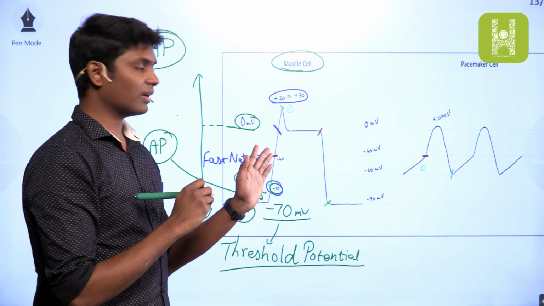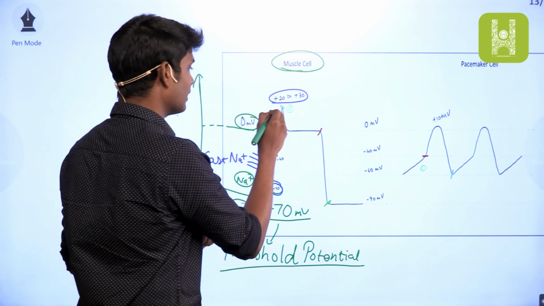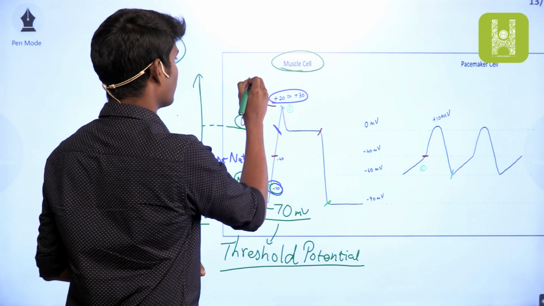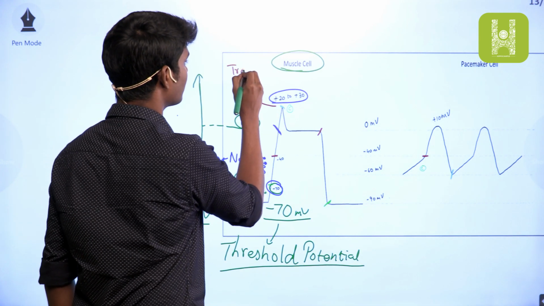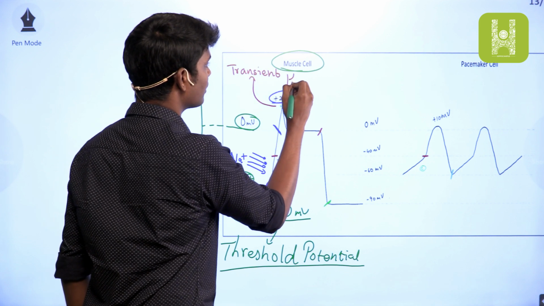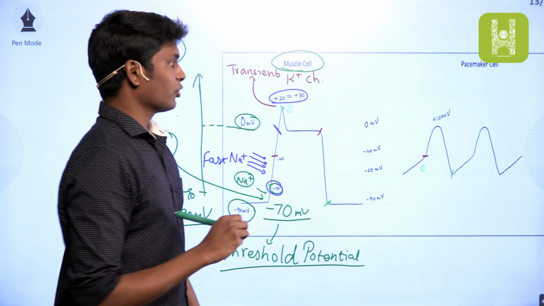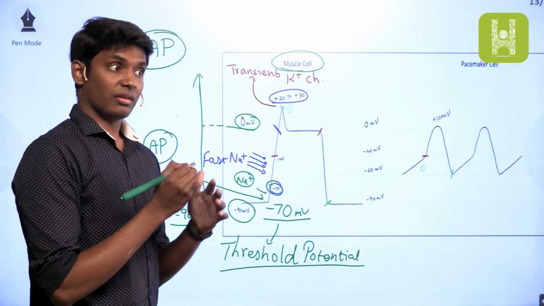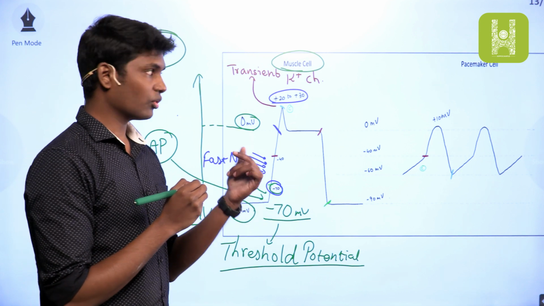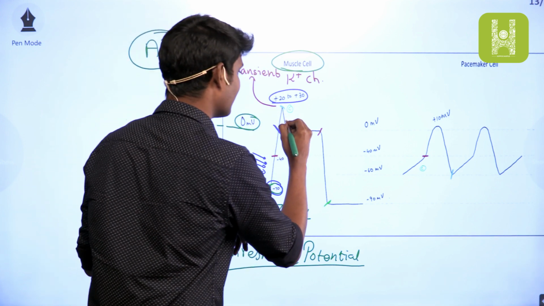Once the potential reaches plus 20 to plus 30 millivolts, there will be opening of the second channel, which is the transient K+, the transient potassium channel. When the transient potassium channel opens, we know potassium is present more inside the cell than outside, so the potassium goes outside the cell.